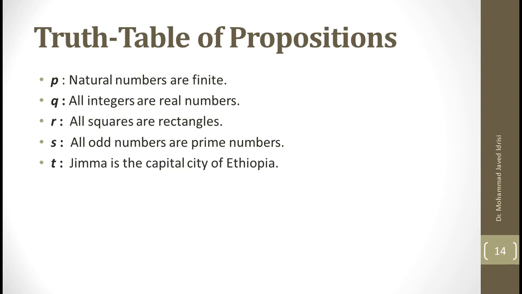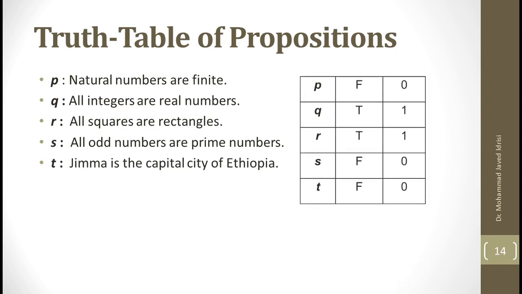We can take here one example. 9 is an odd number but not a prime number. Hence, S is a false proposition. Jimma is the capital city of Ethiopia is also a false proposition because the capital city of Ethiopia is Addis Ababa.